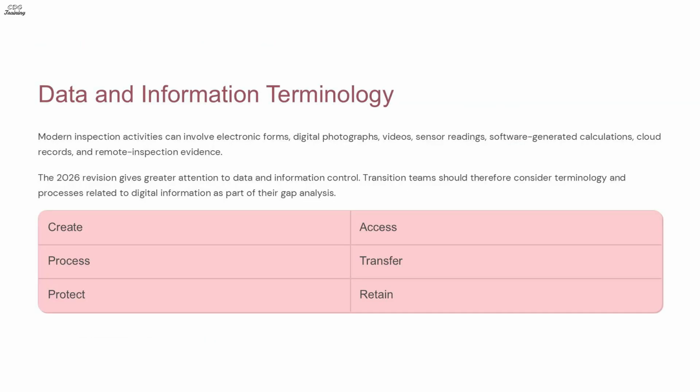Modern inspection activities can involve electronic forms, digital photographs, videos, sensor readings, software-generated calculations, cloud records, and remote inspection evidence. The 2026 revision gives greater attention to data and information control. Transition teams should therefore consider terminology and processes related to digital information as part of their gap analysis.